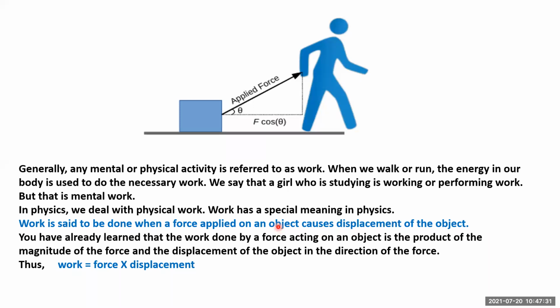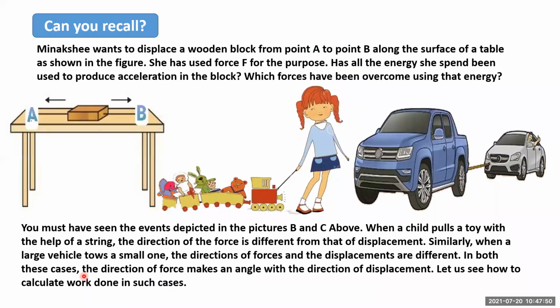Whenever you apply any force on an object and it is displaced, we say work is done in that activity. Hence, on multiplying the applied force and displacement, we get the work quantity.